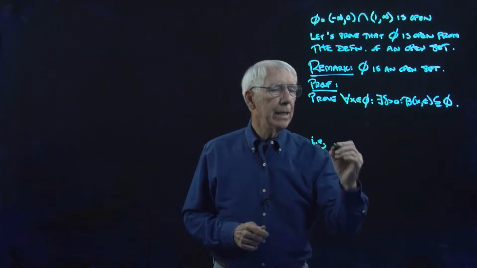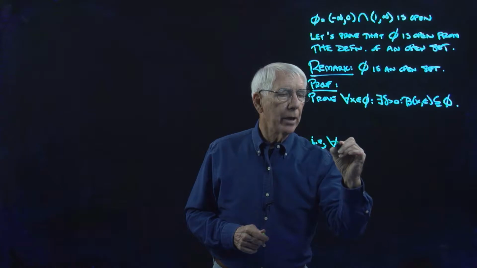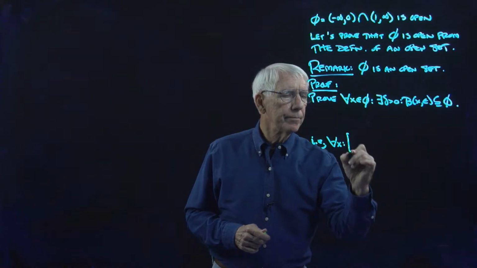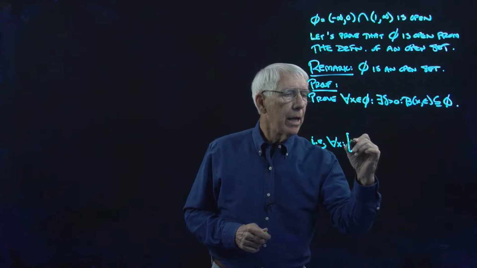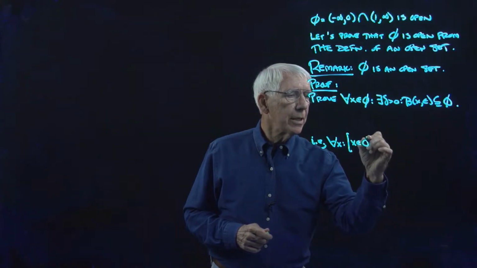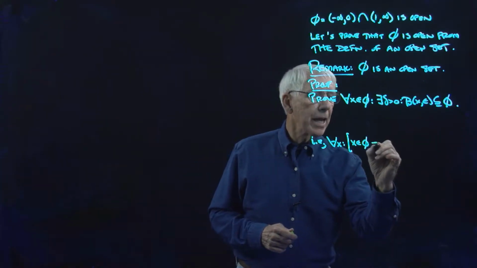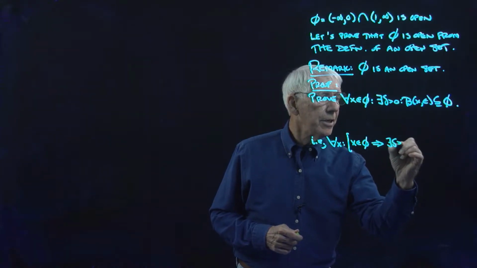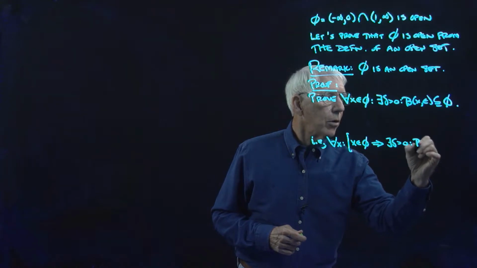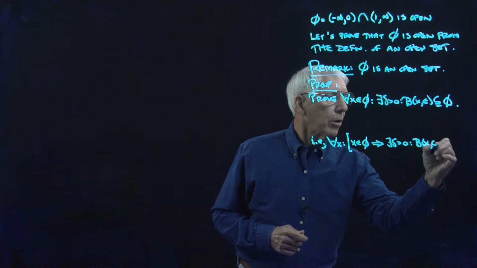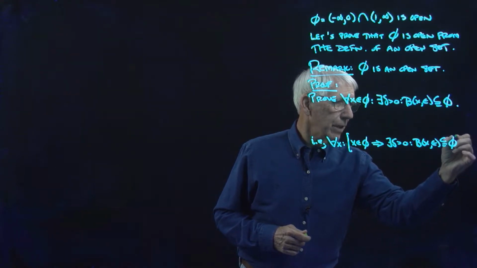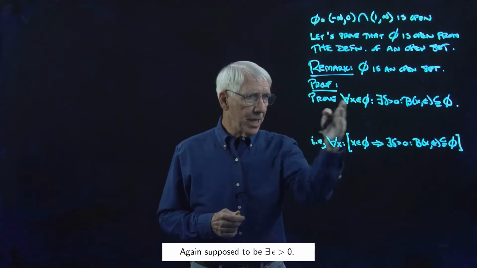So that would be to say that for every x in phi, the empty set, implies there exists a delta greater than 0 such that the ball around x of radius epsilon is a subset of phi. So they're both the same statement.